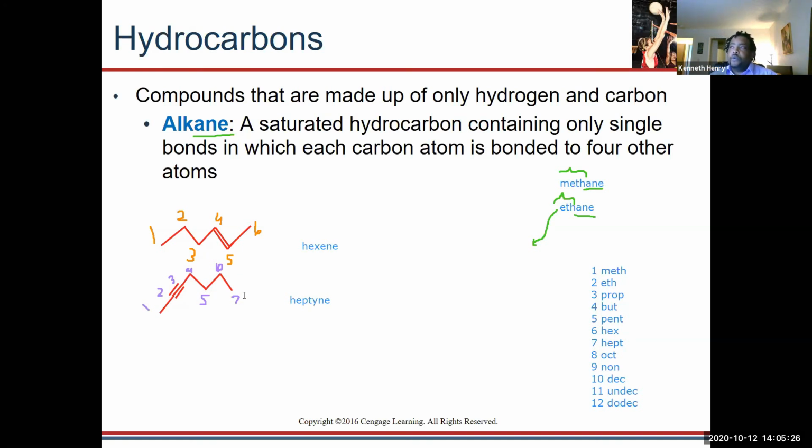Okay, so I'm going to ask you a question and I want you to think about this. Are these the same? But don't they have the same number of carbons?